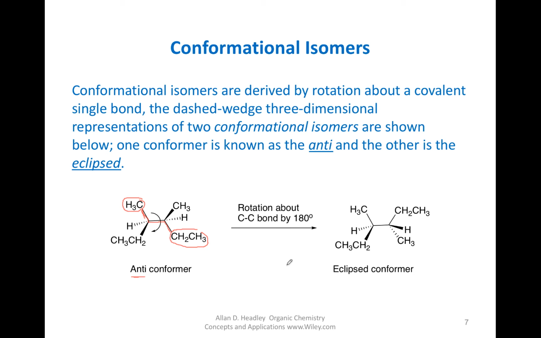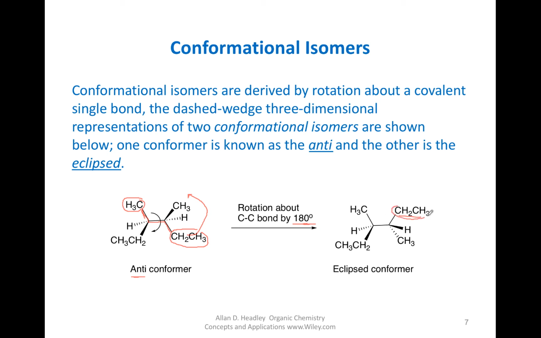When we do the rotation by 180 degrees, notice a complete rotation by 180 degrees, this group comes up to the top, and you can see it over here, and of course these groups are switched. This group here comes in front, and this group comes in the back.